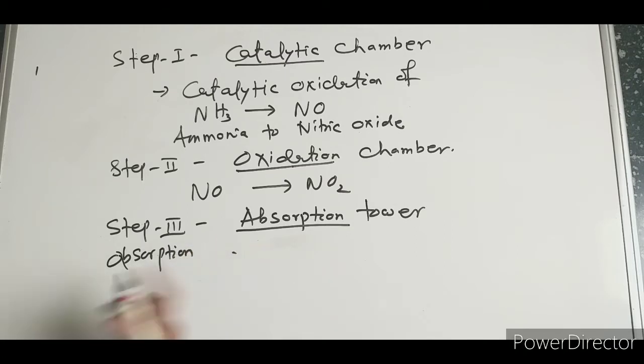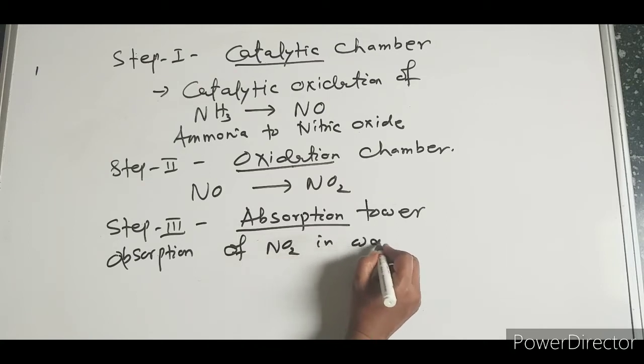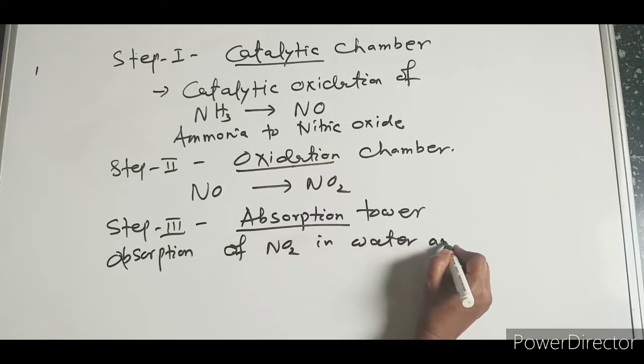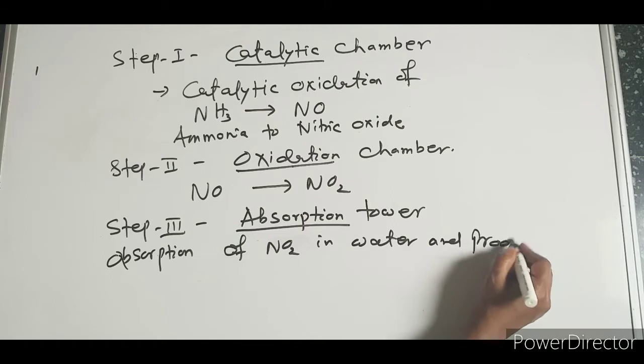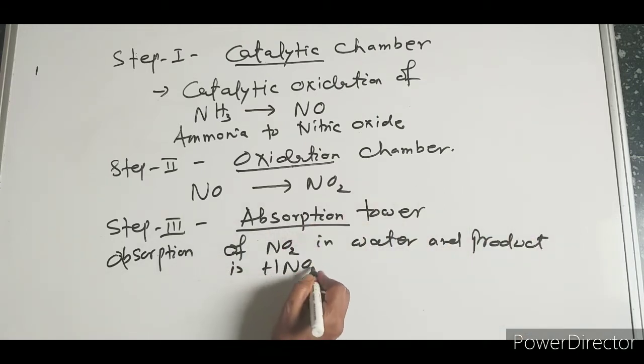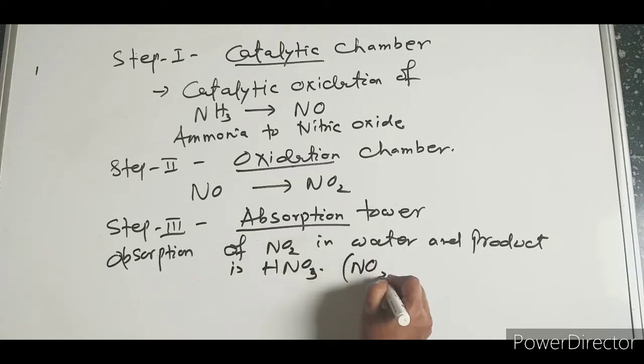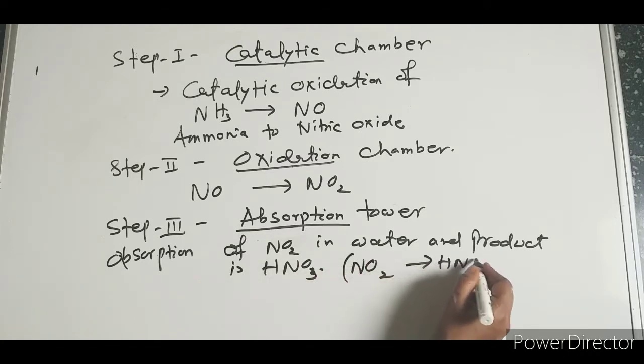Absorption of NO2 in water, and the product is HNO3. Here we are converting NO2 to HNO3. So these are the three steps where we will discuss all these things.